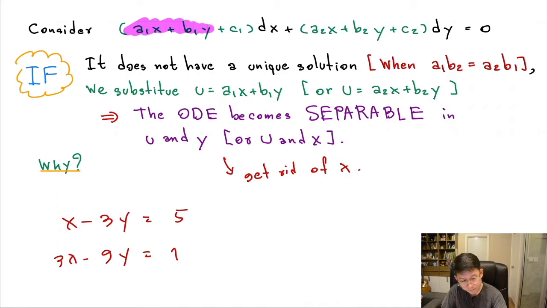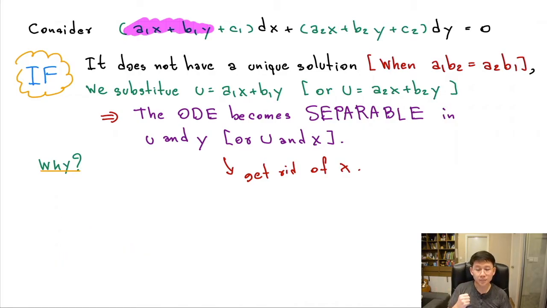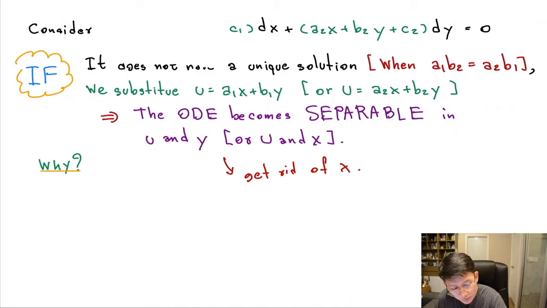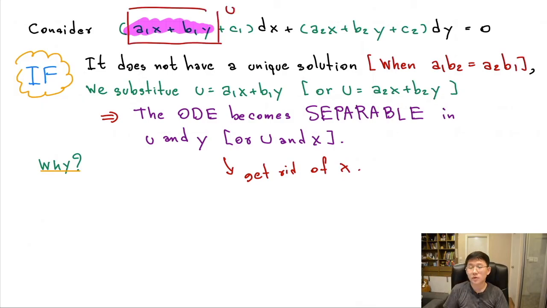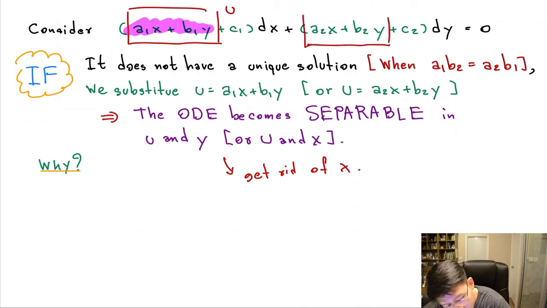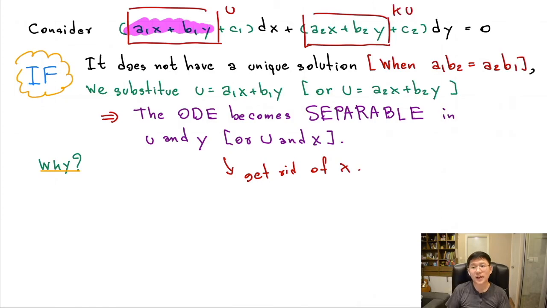Okay? So, when there's no unique solution, if you let this term be u, it is sure that this term will be ku, when k is a constant.